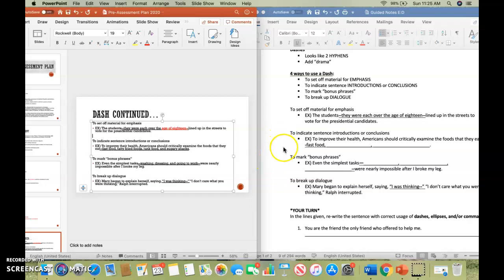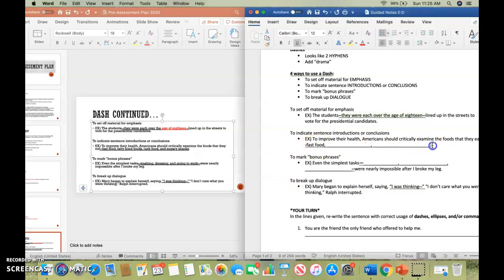The second way was to indicate sentence introductions or conclusions. "To improve their health, Americans should critically examine the foods that they eat, dash, fast food, fatty foods, junk food, and sugary snacks." In your notes, I just want you to add the rest of that: fast food, fatty fried food, junk food, and sugary snacks.